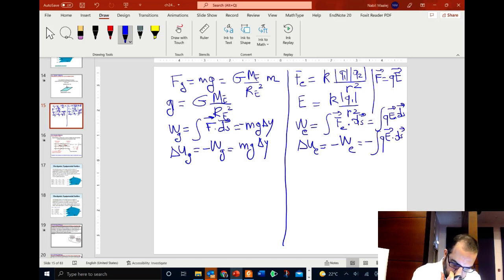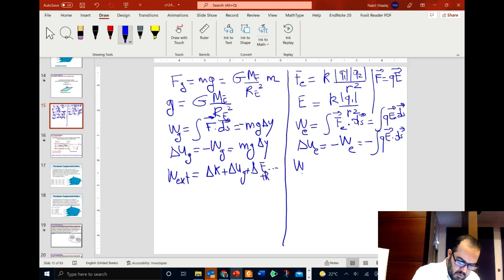You also did the conservation of energy in physics 121, and you used that work due to external forces is equal to the change in kinetic energy plus the change in gravitational potential energy plus the change in thermal energy, E thermal, which is due to friction, and so on.